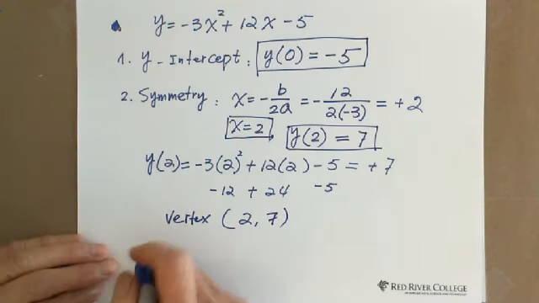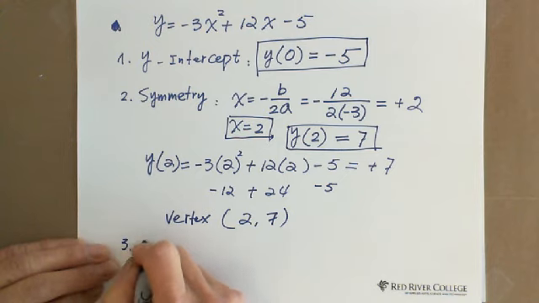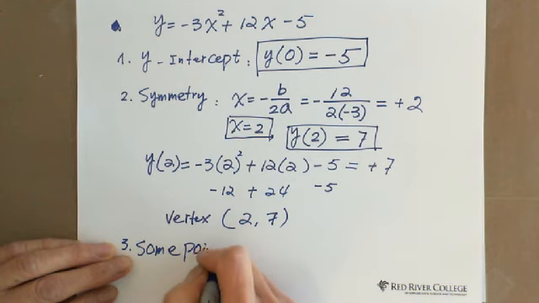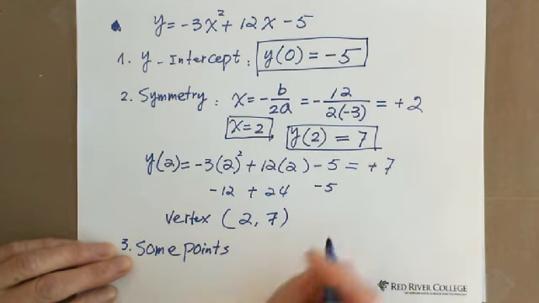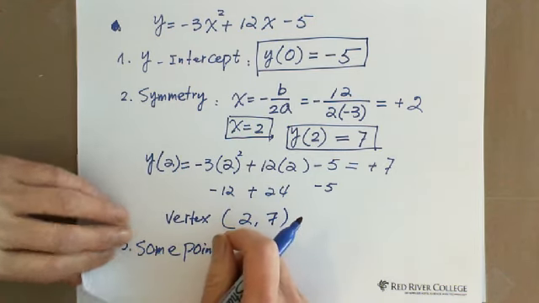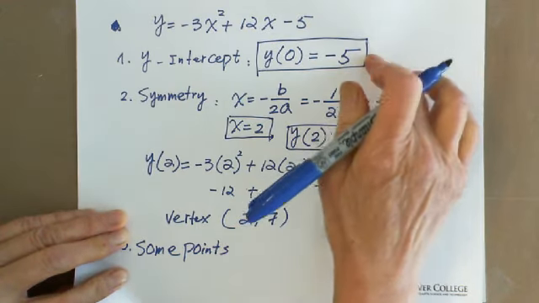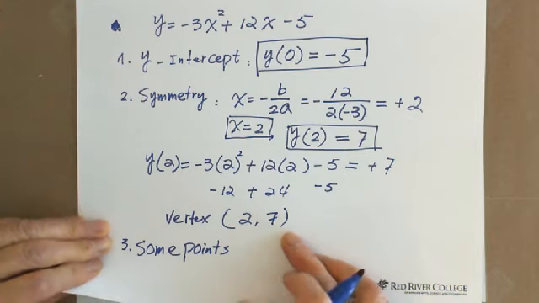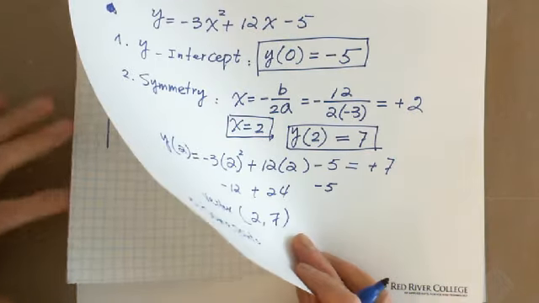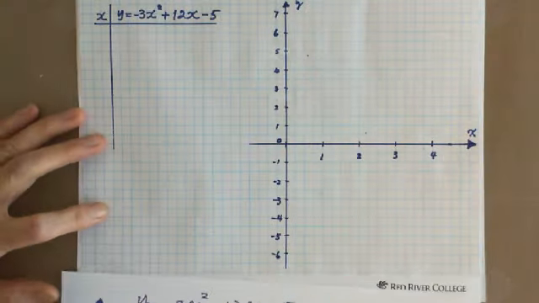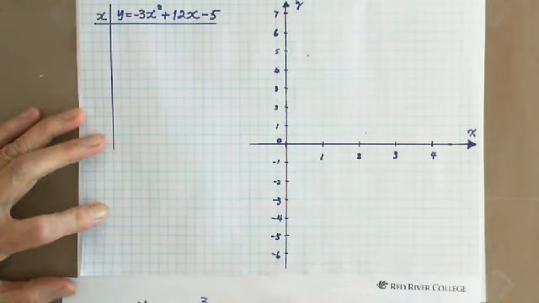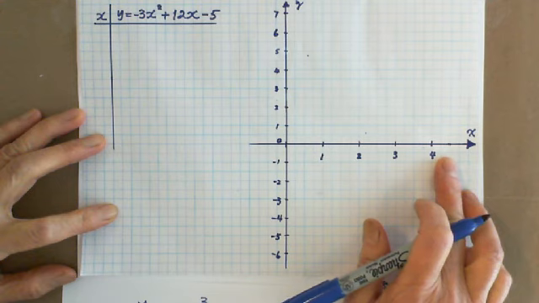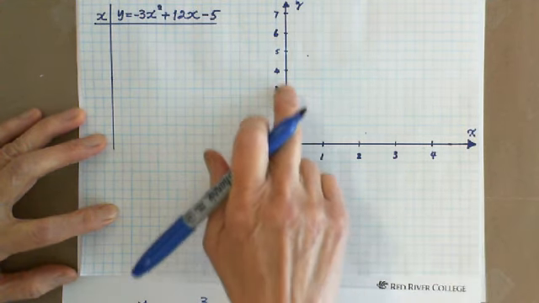And also we need to find some more points. Which points are we looking for? Let's first graph these two points, and then we will know. On the next page I already set down the x and y axes, with units 1, 2, 3, 4 and 1, 2, 3, 4.